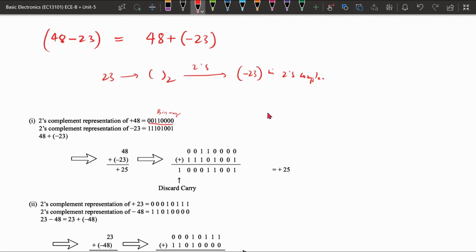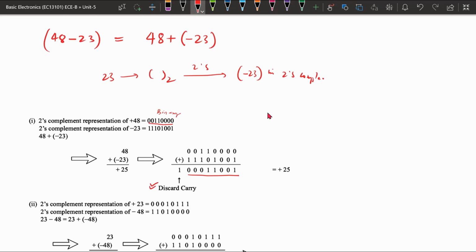So addition will be performed. 48 and minus 23 as represented, we will add. After adding, whatever the result is, it will have a carry. If a carry is there, we will discard the carry.